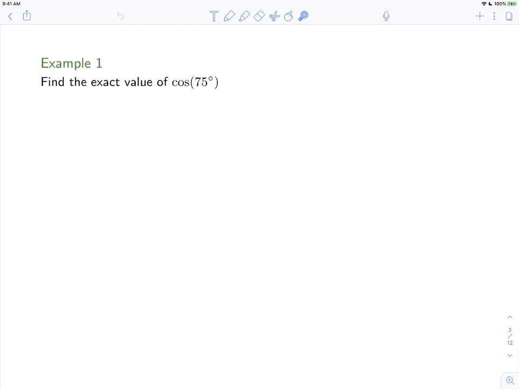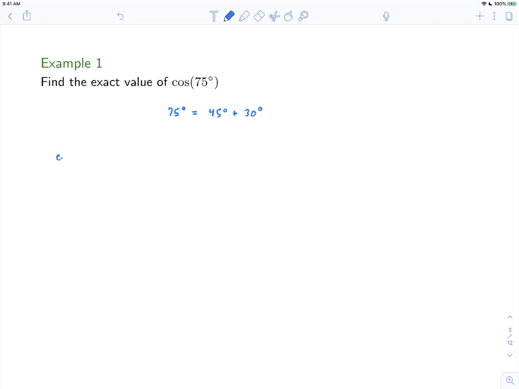Let's do some examples where we use the sum and difference formulas for sine and cosine to compute various values. For our first example, let's find the exact value of cosine of 75 degrees. We're going to use a sum or a difference formula. In this case, we're going to use the sum formula because 75 degrees is equal to 45 degrees plus 30 degrees.